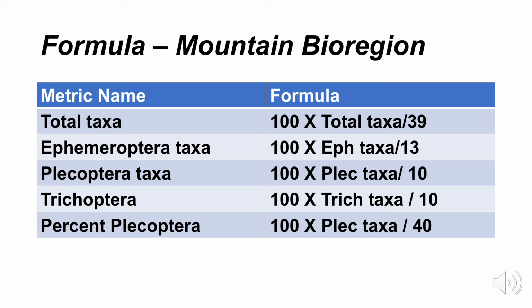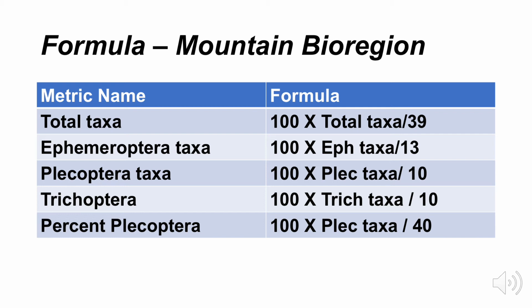Now, if we were in a prairie bioregion, these divider numbers would be a little bit different because the reference stream in a prairie would be different than the reference stream in the mountains or a reference stream in the desert. So the formulas are a little bit different. The formulas differ by the number we divide by.